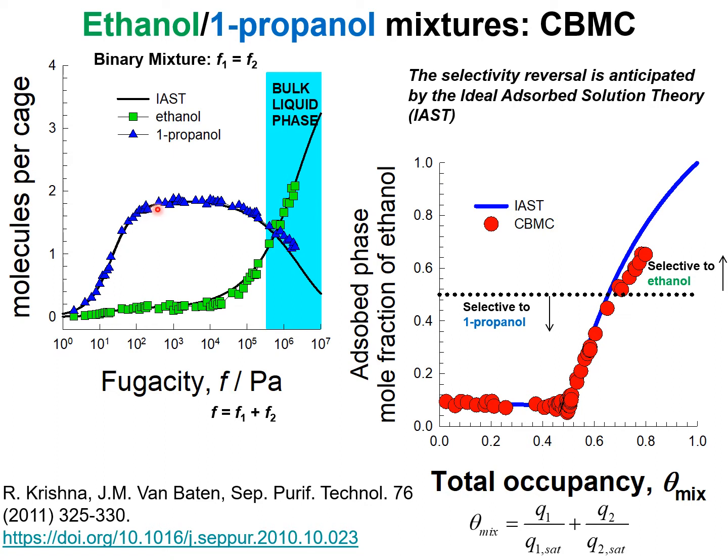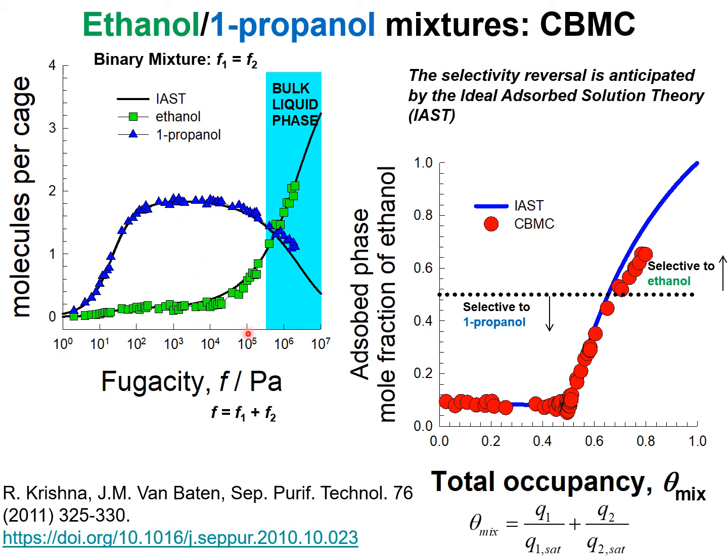The loading of 1-propanol reaches a value close to 2 molecules per cage, which corresponds to the maximum allowable accommodation within each cage of chabazite.